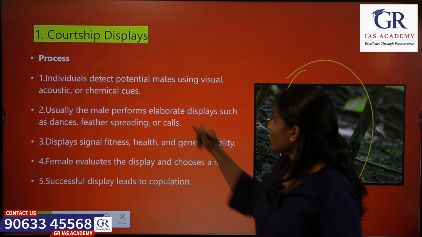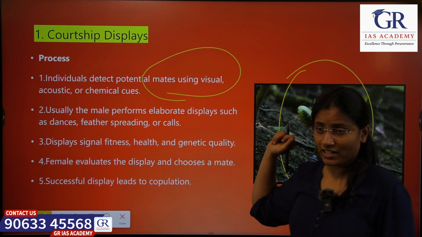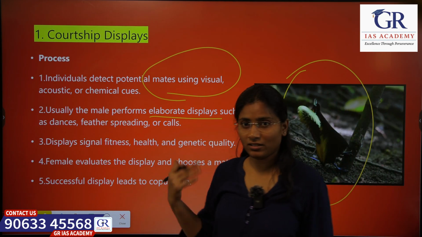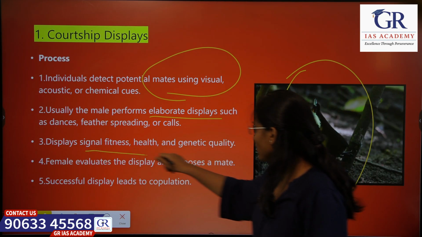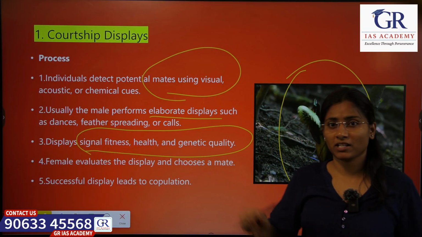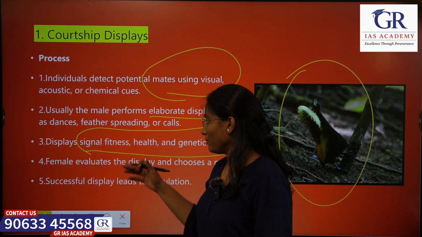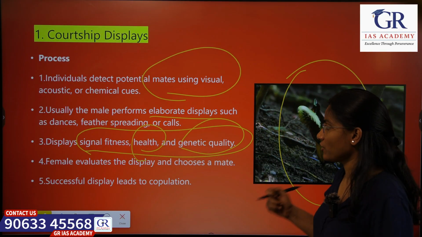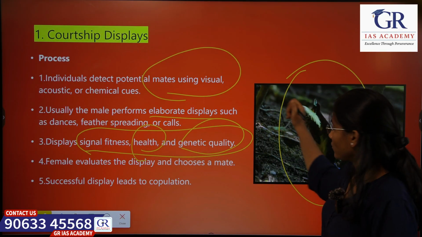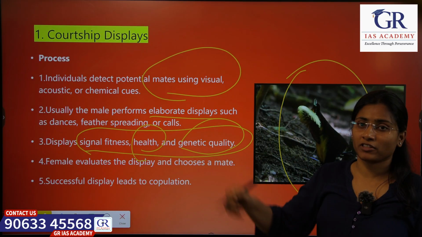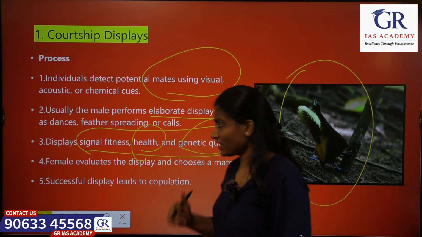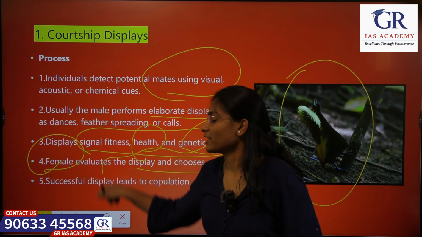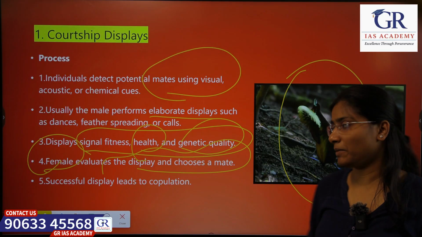Initially they detect, then they perform dance or some other displays, and by displaying courtship displays, they show the potential mates their strength, their health and the quality of their genetic material. By seeing the display of the male mates, the female assesses the capability of the male species.